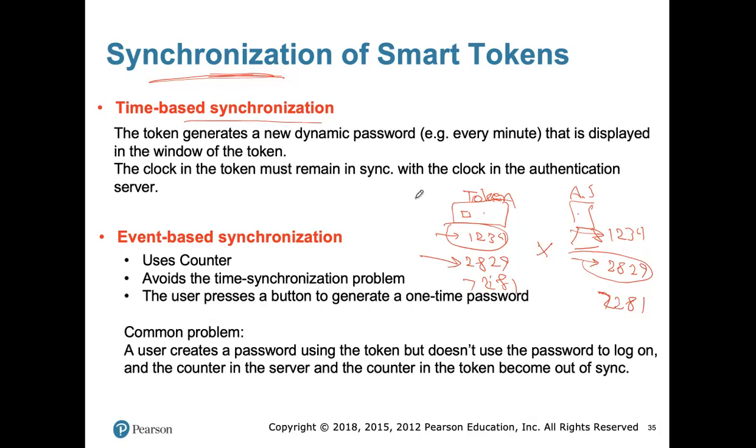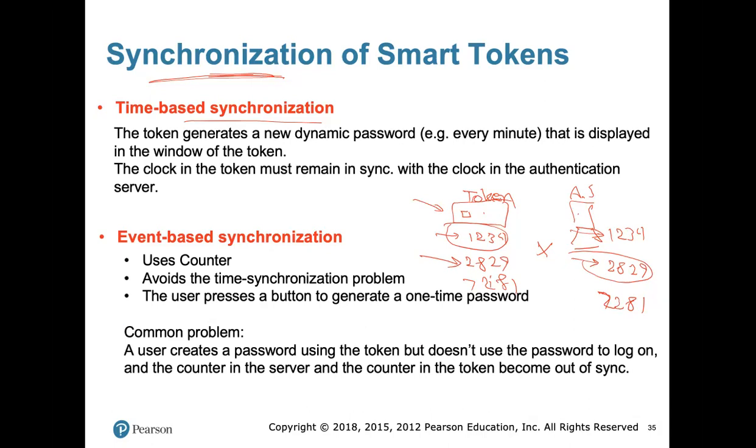There is a timer on the token, and that timer is synchronized with the same timer on the server. That timer is used as a seed value in generating the password. Since they use the exact same seed, they generate the same passwords.